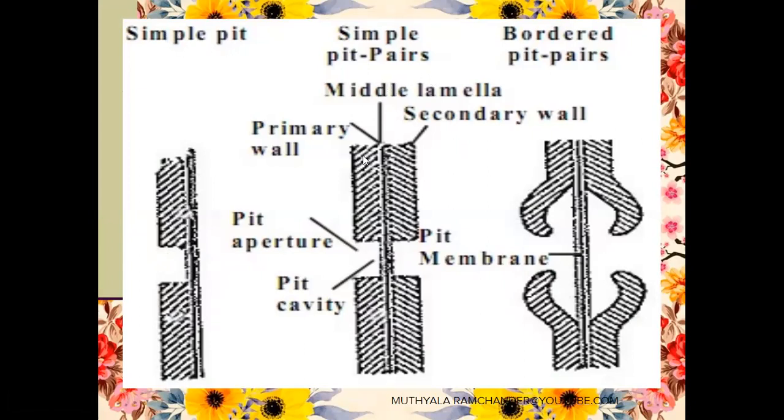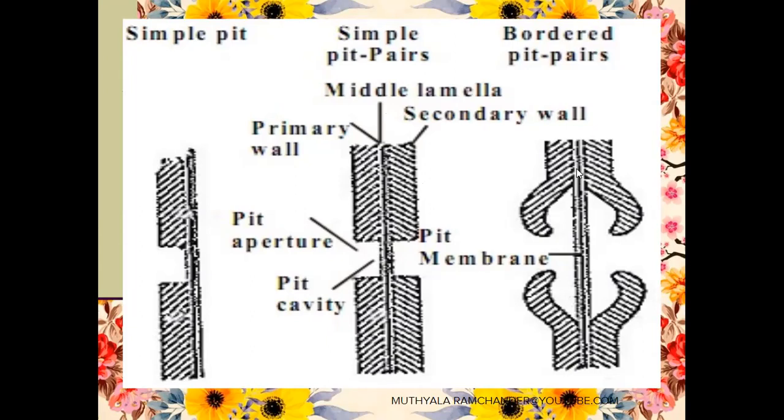And simple pit pair means on both sides of the middle lamella, the primary cell wall is present, and outside it on both sides, the secondary cell wall is developed with lignified chemicals, leaving some areas, apertures. These apertures are called pit apertures, also called pit cavity. The pit cavities present on both sides of the middle lamella or primary cell wall are called a simple pit pair.